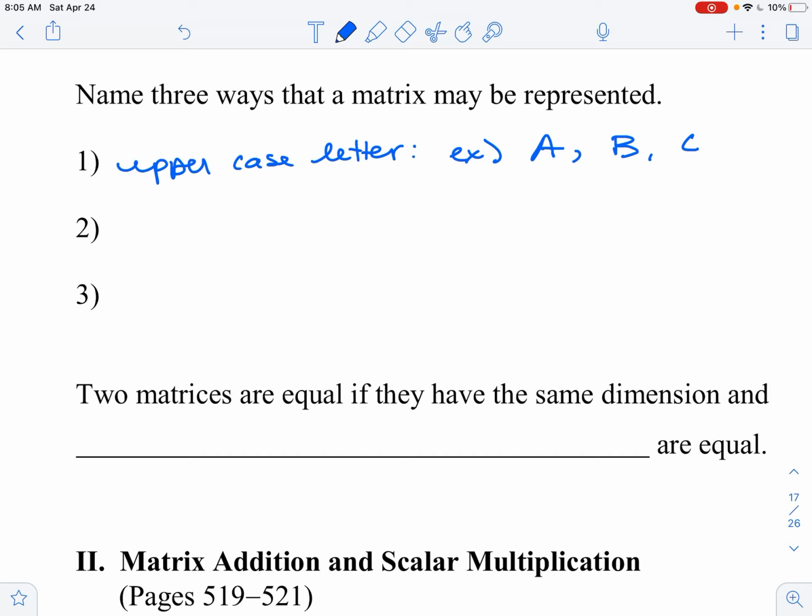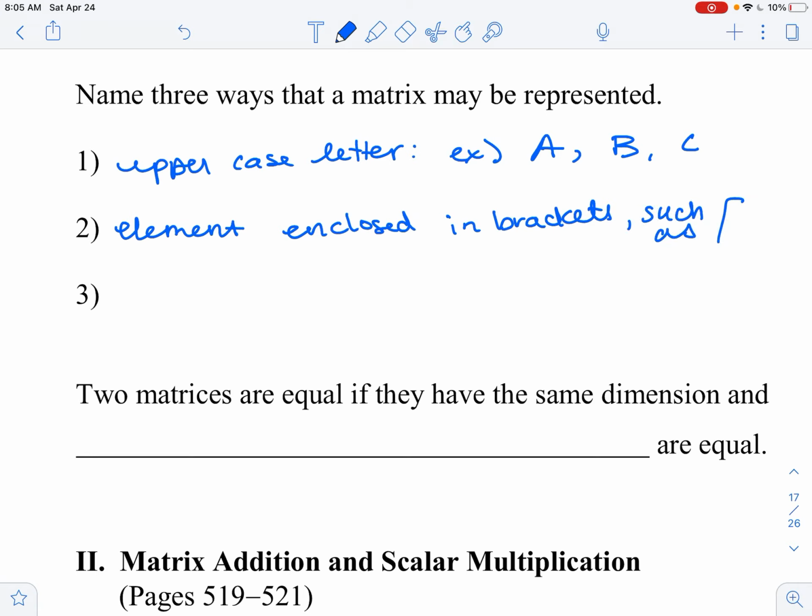You could also have it represented as an element of a matrix enclosed in brackets, such as some term and the row by the column measurement, or simply the rectangular array of numbers that we've been using.